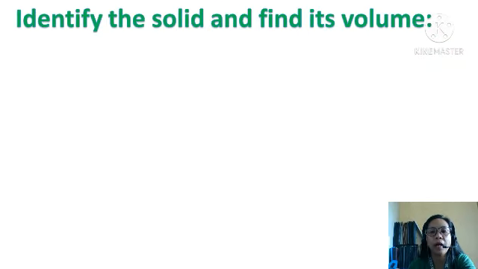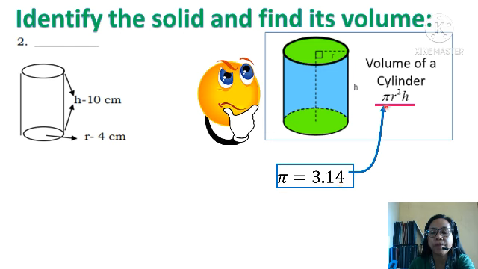So meaning to say you are going to multiply all of this. Pi times radius squared times the height. Now, what is the value of pi? Pi is 3.14. Constant yan, hindi yan magbabago. Kaya, tandaan nyo na lang, i-memorize nyo na lang na ang pi is 3.14.